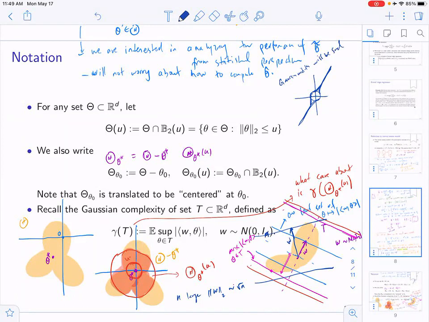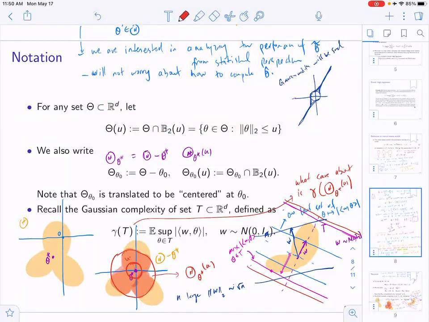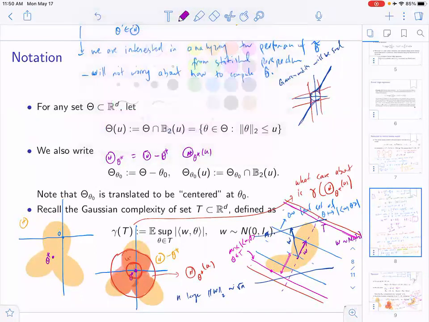Almost all the directions miss this tiny spread, and for the majority of the directions you're going to get these sections. It's very unlikely that you're going to end up with a direction that measures it like that. Let's say it's just one direction, the probability is 0. So the Gaussian width would be small for such a set.